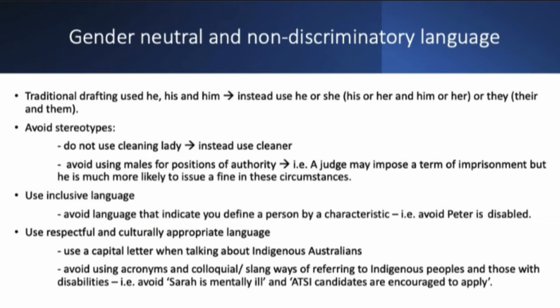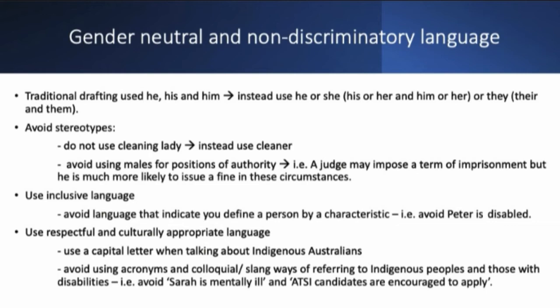An example is where you say X is disabled. Instead, say X has a disability. Why is that very small difference in expression important? Well, it means that we are not defining the individual by reference to that characteristic. And in a similar way, we should use respectful and culturally appropriate language.